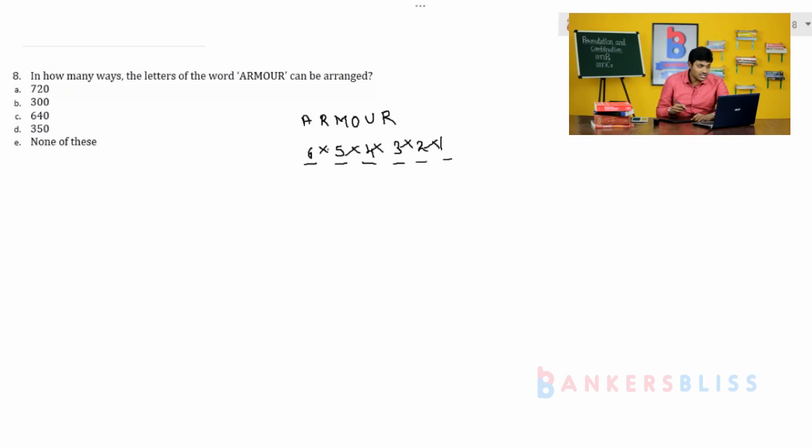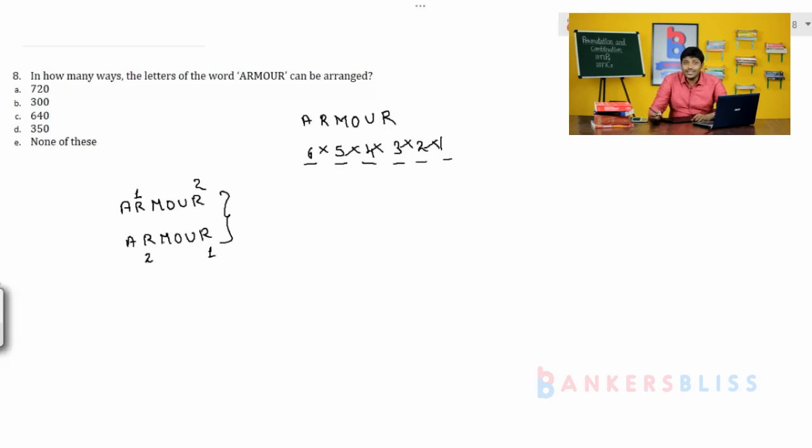See here, A R M O U R, next A R M O U R. Can you notice any difference between these two? Actually, there is no difference, but this R I have placed in the second position in one, and the last R I have placed second in the other, but there is no difference.